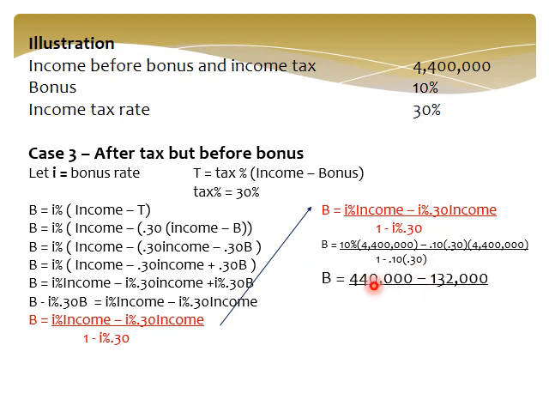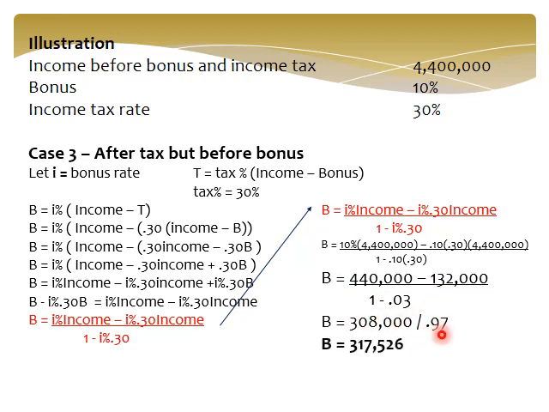So 440,000, 10% times 4.4 million, minus 0.10 times 0.30 times 4.4 million, 132,000, divided by 1 minus 0.10 times 0.30, 0.03. So 1 minus 0.03. So we have 308,000 divided by 0.97.